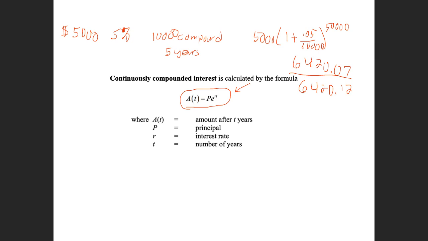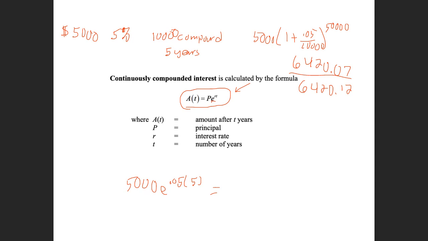But this is the PERT formula. And there's the E that we learned. So P stands for the principal, R is the interest rate, T is the number of years, and E obviously is 2.71. So if I did this same problem up here, I've got 5,000 E, and there is an E button on your calculators, and then R is 0.05 times the number of years, and we said 5 years, right?